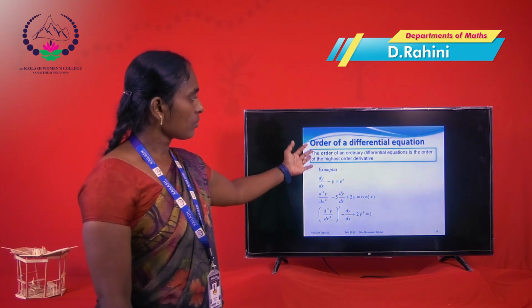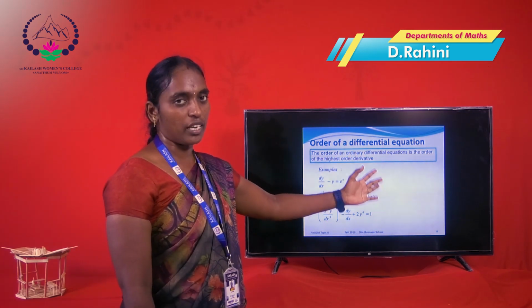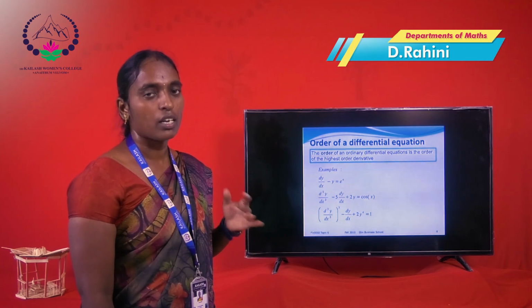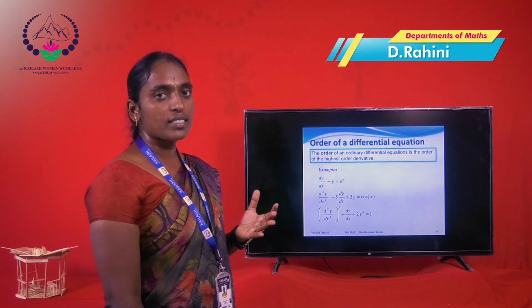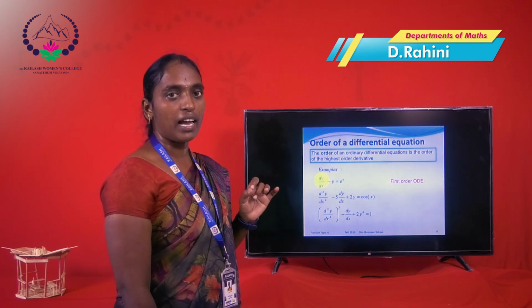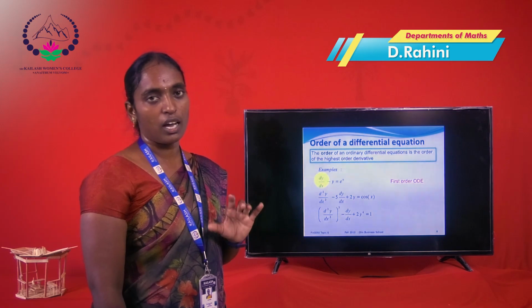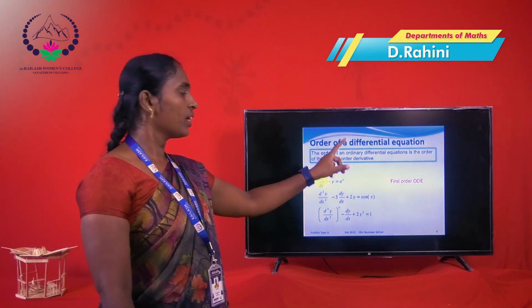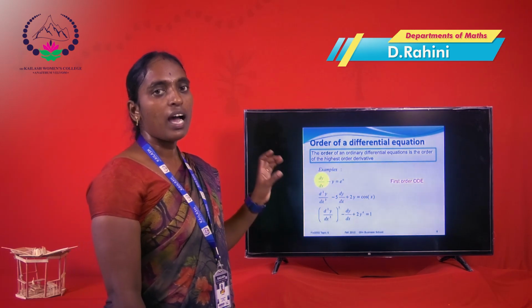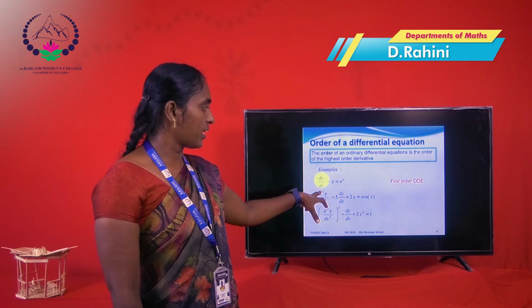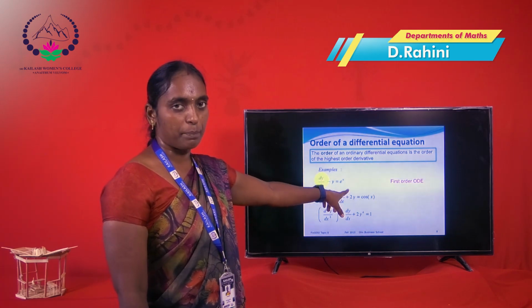Next, the order of a differential equation. First we saw what an ordinary differential equation is. Now let us see what the order of an ordinary differential equation is. The order of an ordinary differential equation is the order of the highest order derivative. For example, dy by dx minus y equal to e power x.